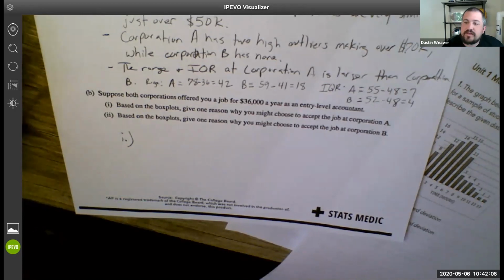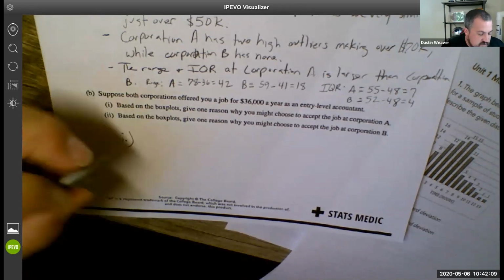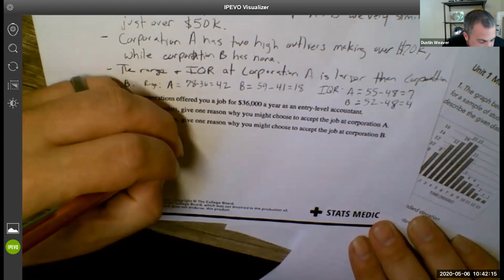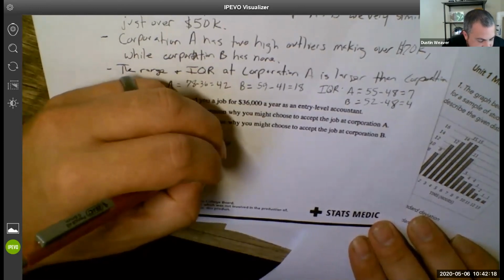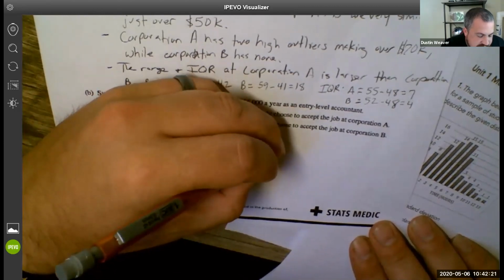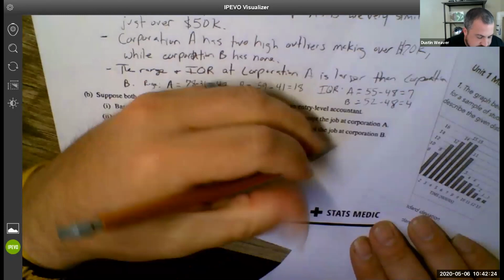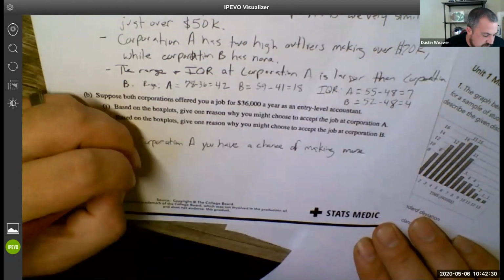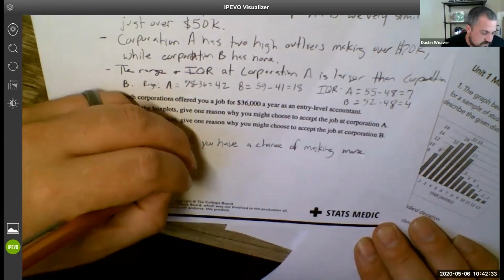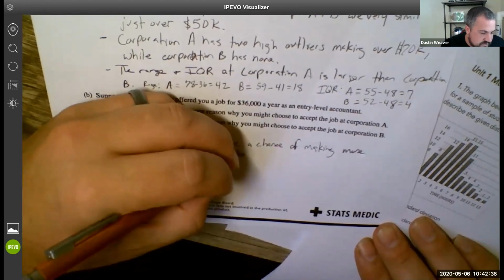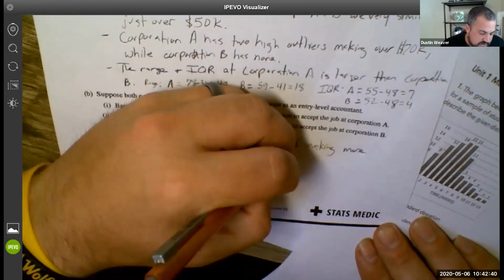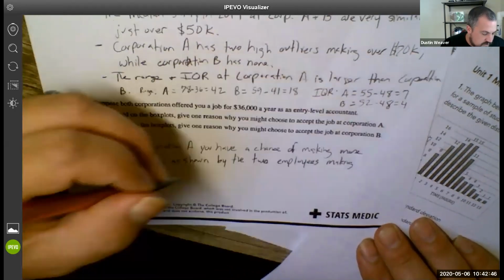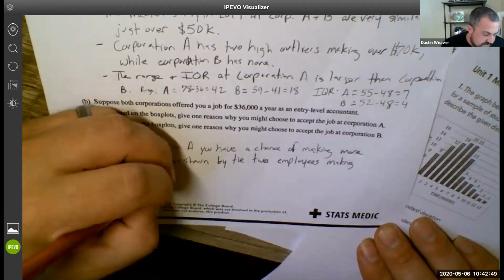Yeah, so it's possible to get a larger raise. So you have a chance at Corporation A of making more money, as shown by the two employees making over 70,000, right?